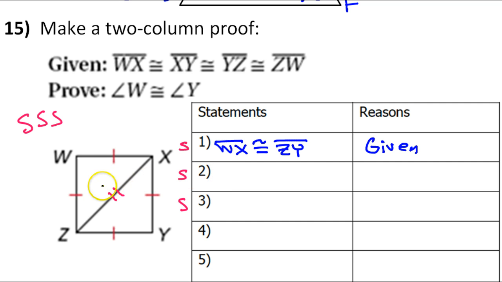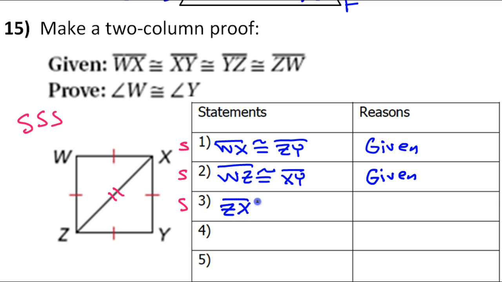And I might say that WZ is congruent to XY. That's also given. Now that leaves the shared side ZX. So I could say ZX is congruent to ZX by the reflexive property.